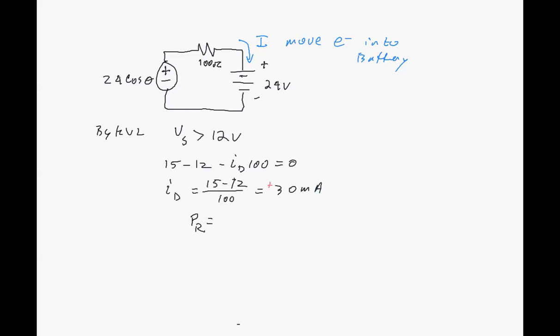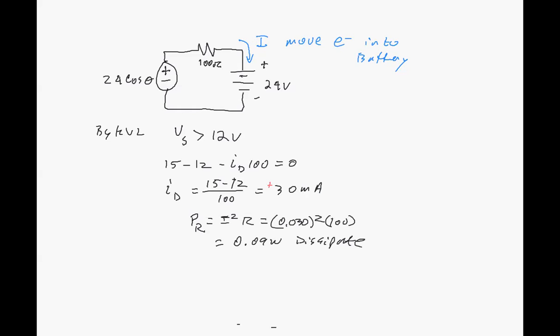That would be I squared R. There's a couple of ways we could find it. That would be an easy way. So 0.030 squared times 100 ohms. That gives us the power dissipated in the resistor is 0.09 watts, 90 milliwatts dissipated.